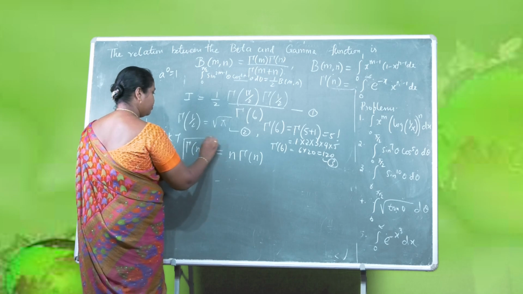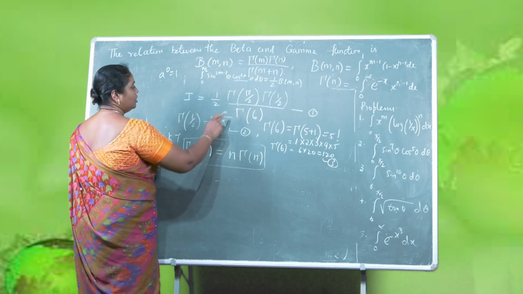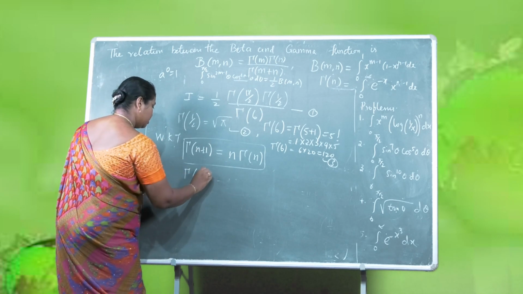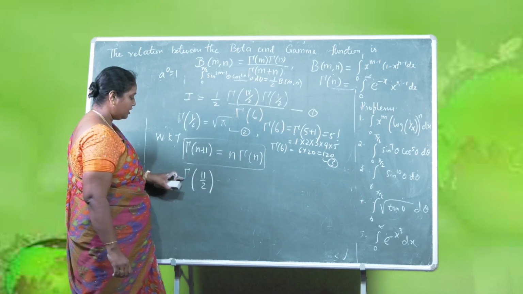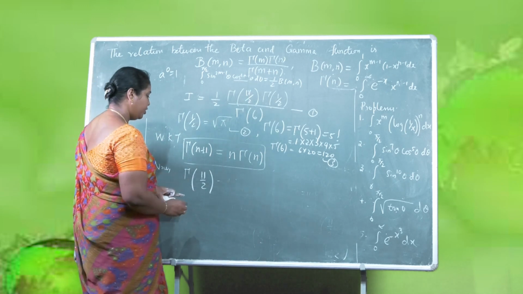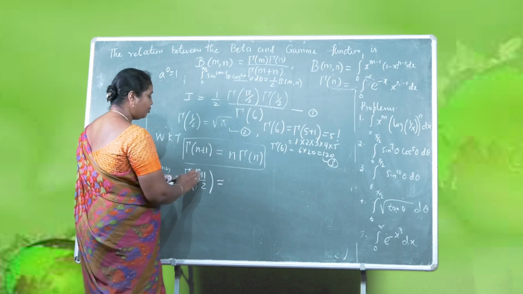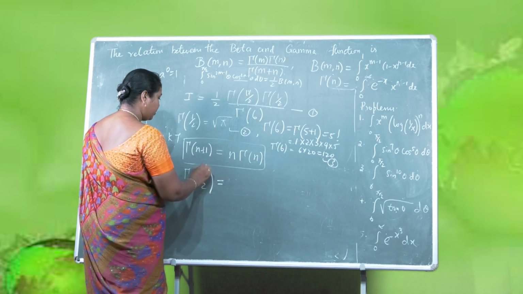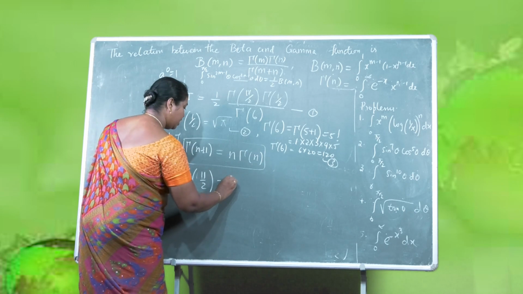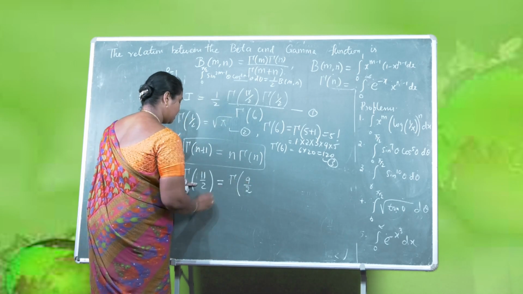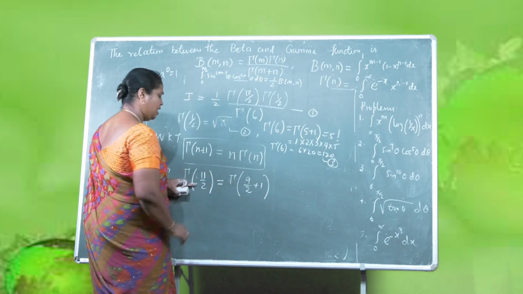I am going to use this relation to get the value of gamma of 11 by 2. So now consider gamma of 11 by 2. You have to make this 11 by 2 in the form n plus 1. So 11 by 2 is nothing but 9 by 2 plus 1.